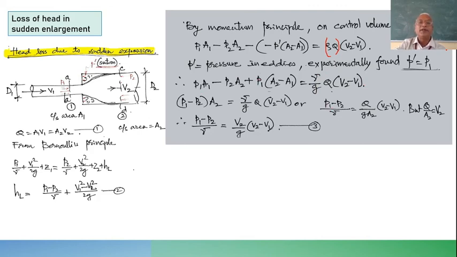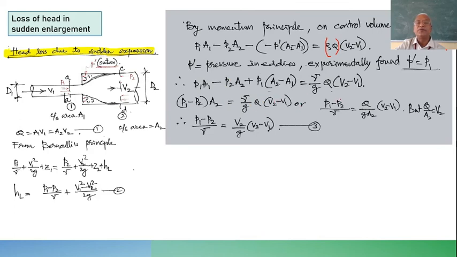Now if you rearrange the terms, P1 A2 minus P2 A2, so P1 minus P2 into A2 is equal to gamma by g Q V2 minus V1, because this P1 A1 cancels with that P1 A1. You'll be left with only that.